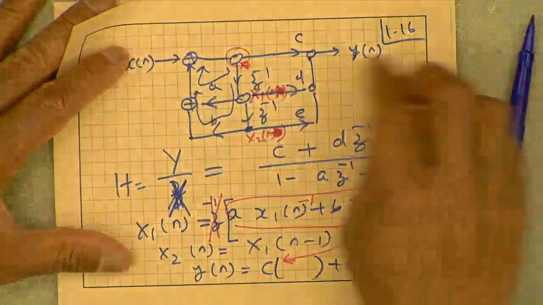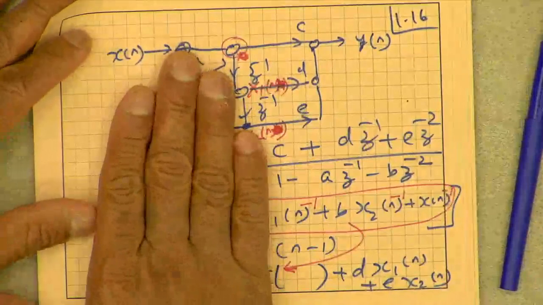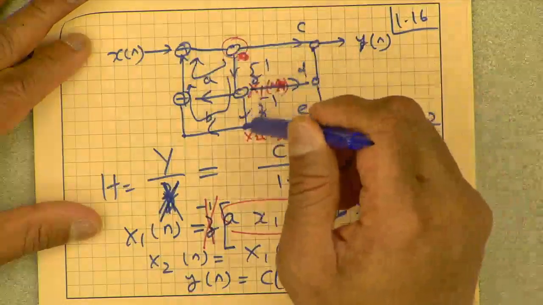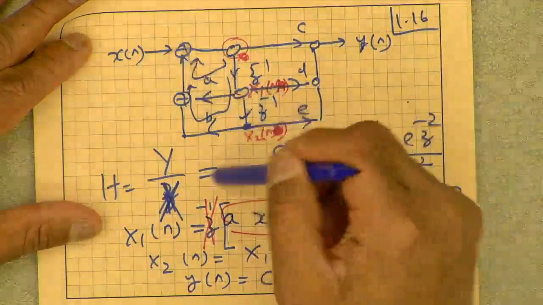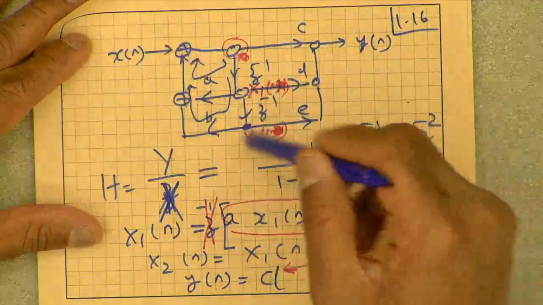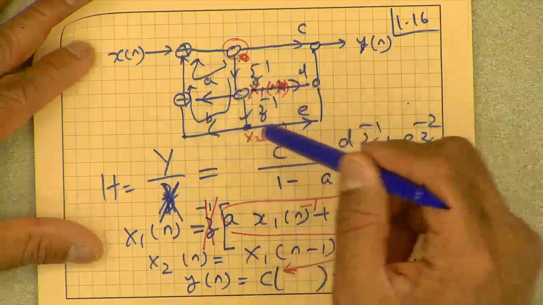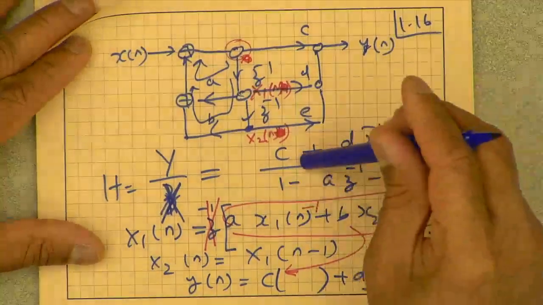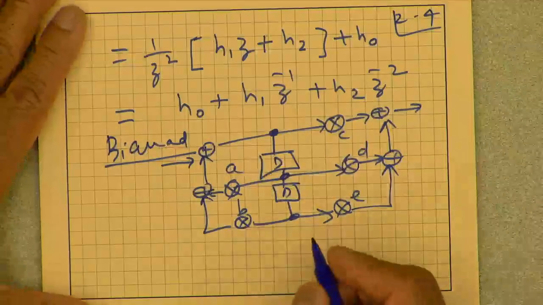If I first consider the transfer function of the all zero side and don't bother about the pole side, that's the direct path C plus D z to the power minus 1 plus E z to the power minus 2. These are two delays. And then the all pole side, which is 1 minus A times z to the power minus 1 minus B times z to the power minus 2. But we want to compute that transfer function H using the state space representation.